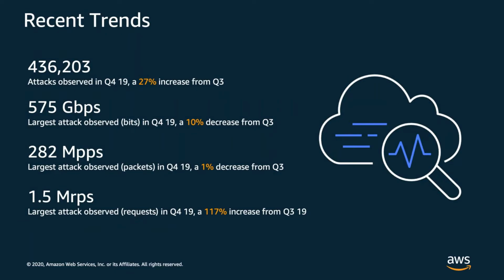If we look at recent trends in the attack landscape, you would notice in Q4 of 2019, we observed in excess of 400,000 DDoS attacks towards our AWS infrastructure. More than 99.97% of these attacks were auto-mitigated without engaging a human operator.